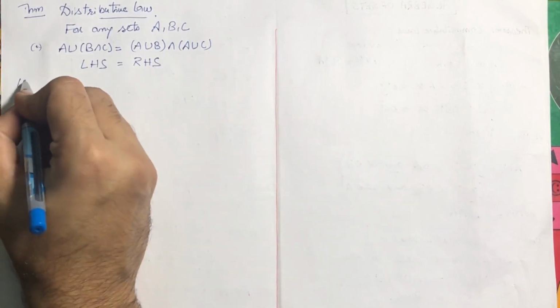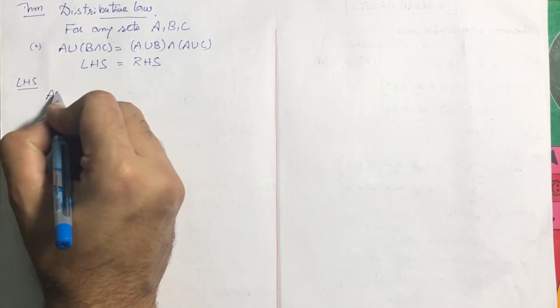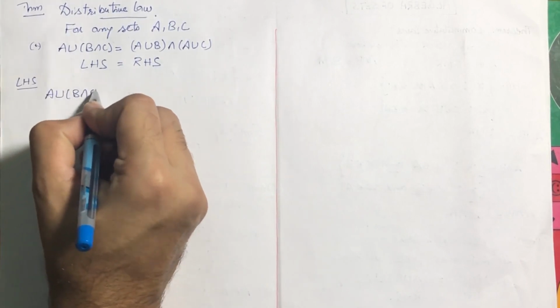So we start with the left hand side, that is A union (B intersection C).